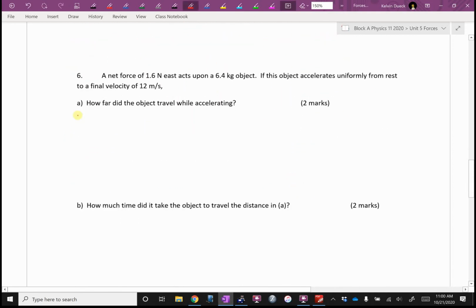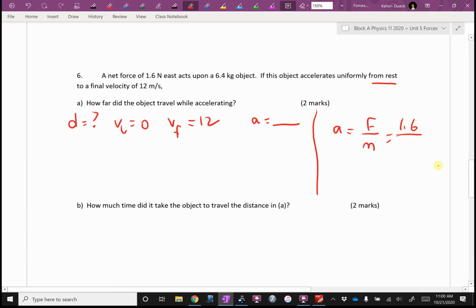Ooh, how far? Okay. From rest, VI is 0, VF is 12, yes? What else do I need to find a distance? I need to fill in that blank. Gotcha. I can use Newton's law, A equals F over M, because we have 1.6 newtons divided by 6.4 kilograms.